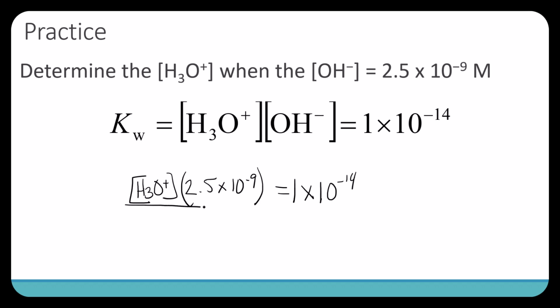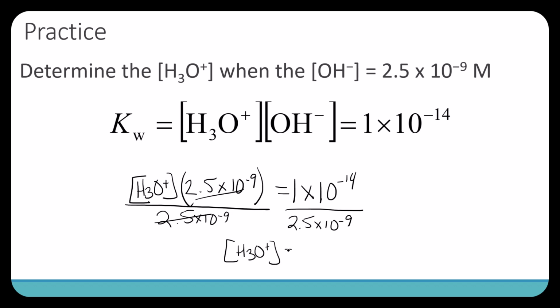To solve for hydronium, we're going to divide by 2.5 times 10 to the negative 9th. Whatever I do to the left side, I also have to do to the right side. And the hydronium concentration is 1.0 times 10 to the negative 14th divided by 2.5 times 10 to the negative 9th.